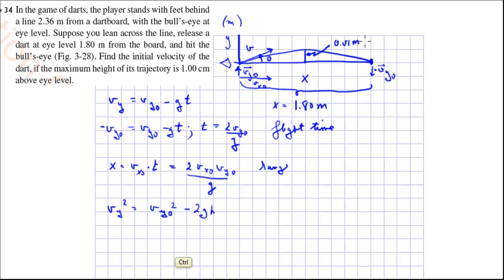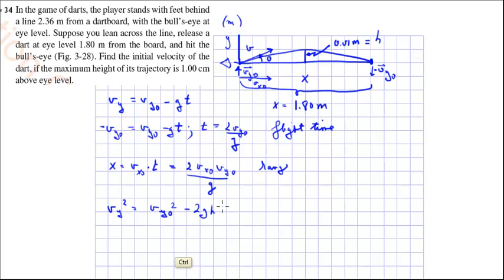The h in this problem corresponds to 0.01 meters, 1 centimeter. I can solve for Vy naught. At this particular point, Vy is going to be 0.